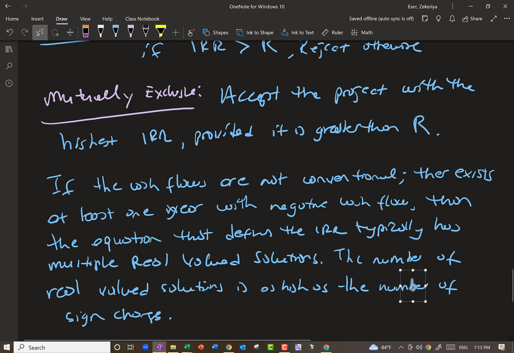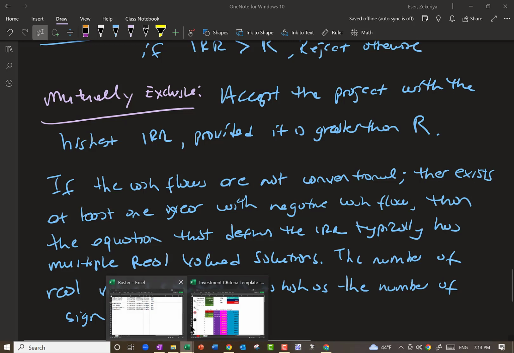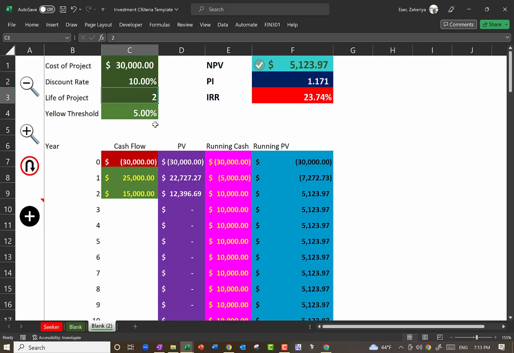Let me tell you what I mean by that, then we'll give a break. Suppose this was a 3-year project. I started with negative, then a positive, that's one sign change. So let's do negative 15,000 here and 30,000 here. Negative to positive, positive to negative, negative to positive. So there are 3 sign changes.